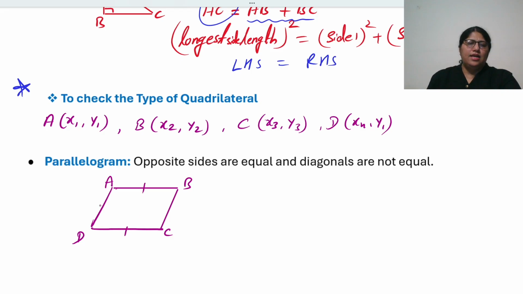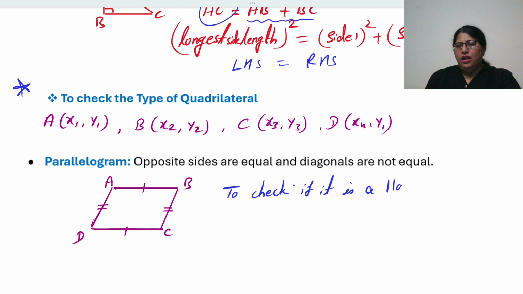Opposite sides are equal, right? And diagonals, because if opposite sides are equal, it can be a rectangle as well. So to check if it is a parallelogram, you need to check if opposite sides are equal.